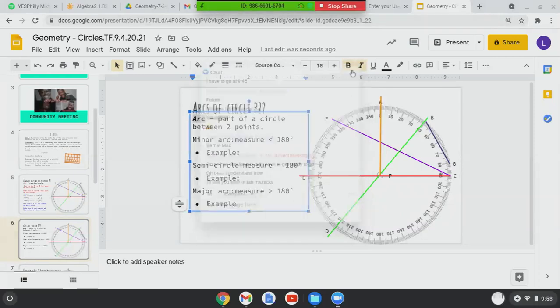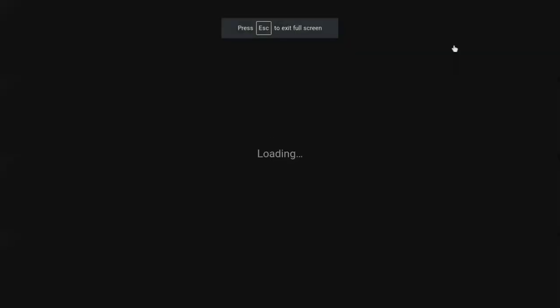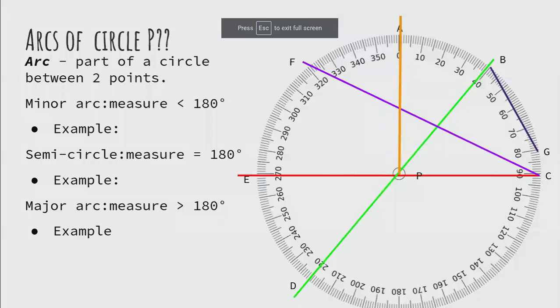I use this circle because we can use the numbers to count. So I'm going to give you an example of what I'm talking about.